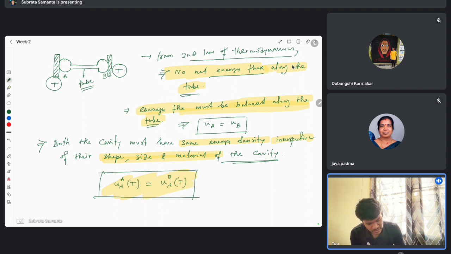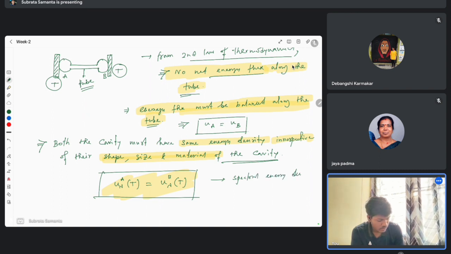So spectral energy density also follows the same thing, that it is independent of the shape, size, and the nature of the chemical material.